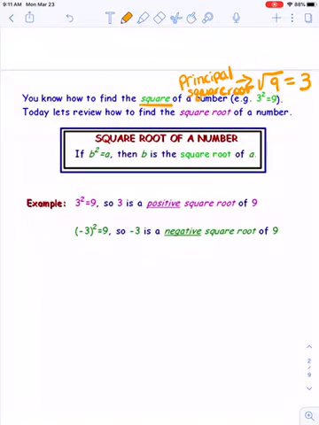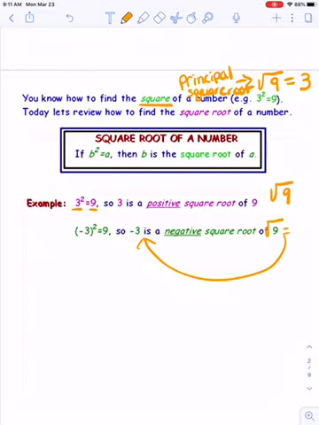However, when we deal with equations, we don't want just the principal square root. If you agree that 3 squared equals 9, then 3 is the positive square root of 9. But if negative 3 squared is also 9, then if we take the square root of 9, shouldn't that also be negative 3?